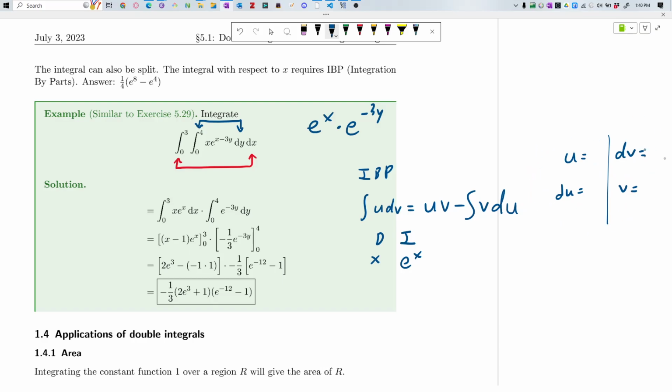Well, this kind of tabular arrangement of the information can be simplified even further to the point that you don't need the variables u and v. And that's what the DI method, or the DI layout, is about. You have a column that you differentiate and a column that you integrate. And then the last row, if such a row exists, if you don't have a zero here, is interpreted as an integral.